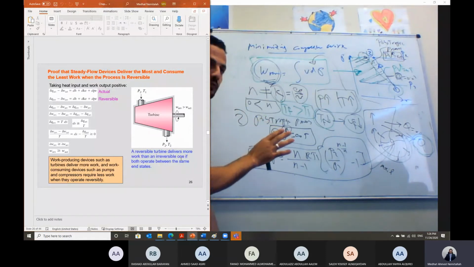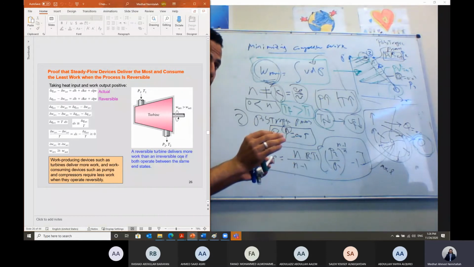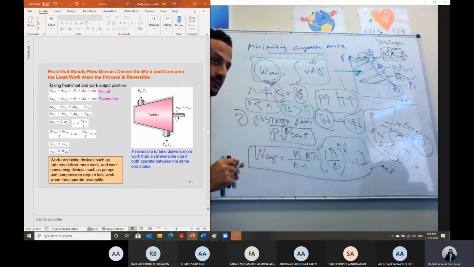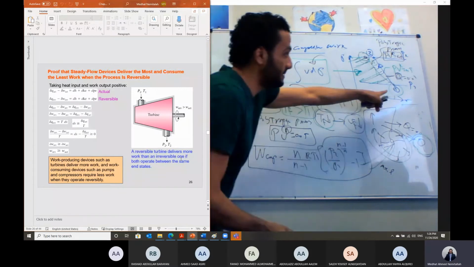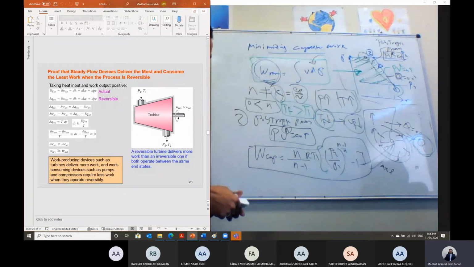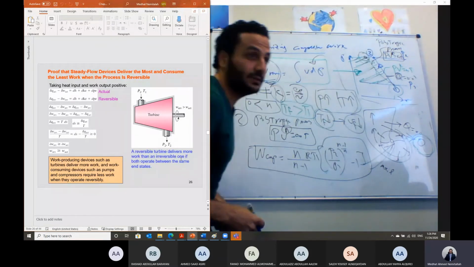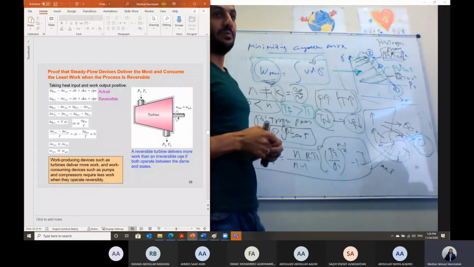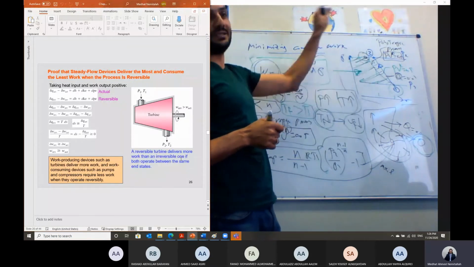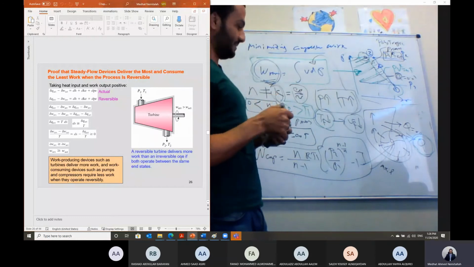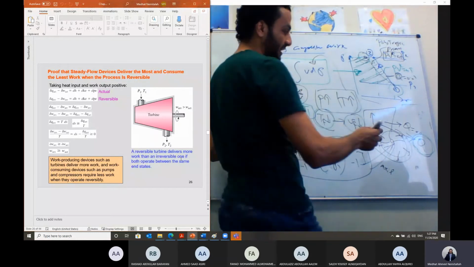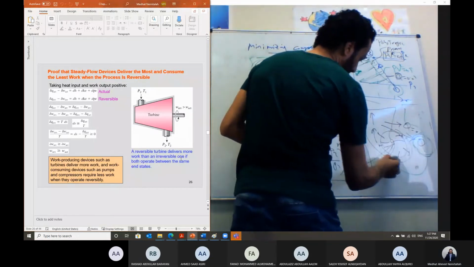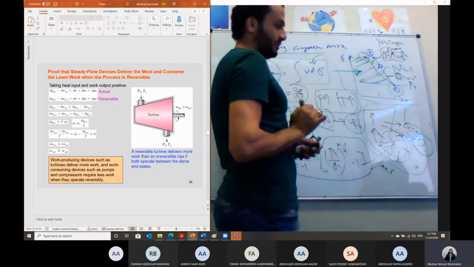But what if we are able to compress the gas without any temperature rise? The temperature will be the same as T1. So in this case, the process is what? Isothermal. Temperature is fixed, and we are raising the pressure. That means we have to cool down, or have a water jacket around this compressor.